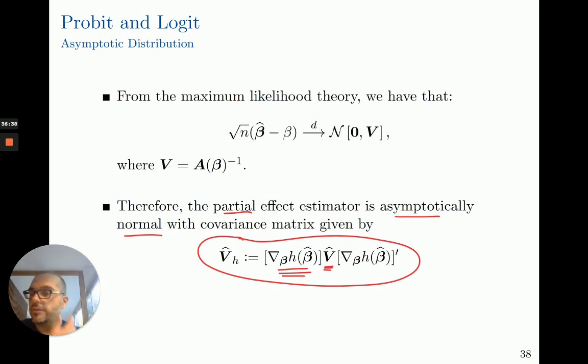So it's also normal, but the variance is different. So a significant beta does not imply a significant partial effect, because the variances can be very different.